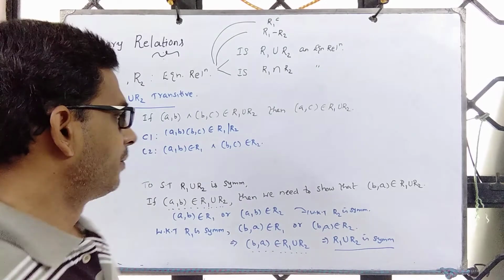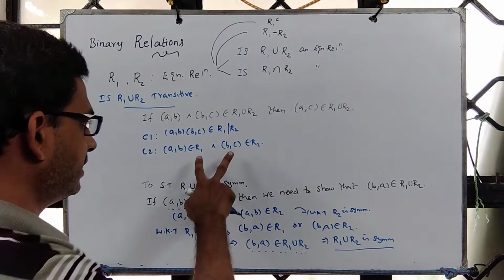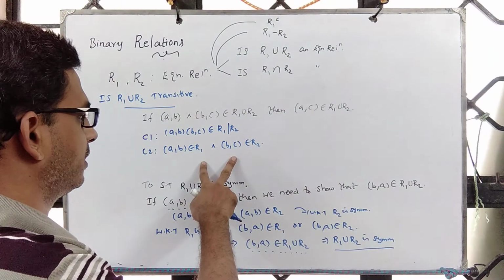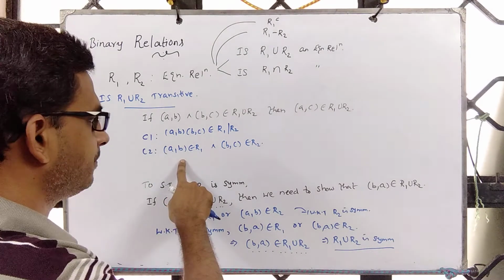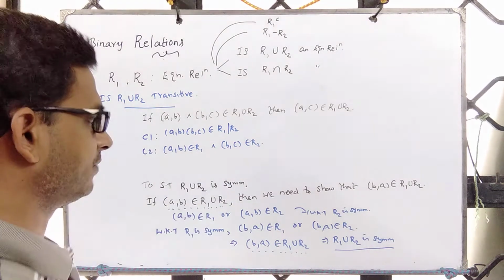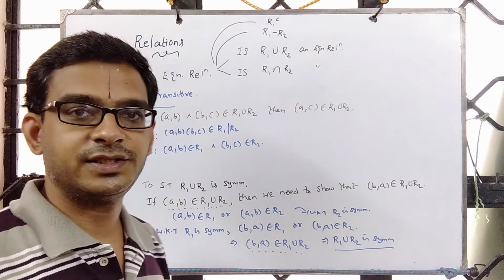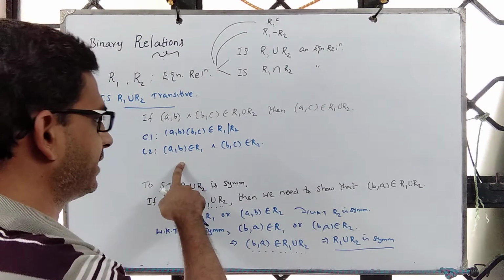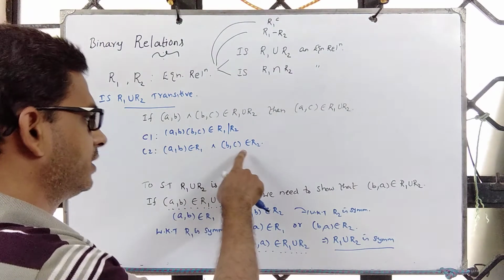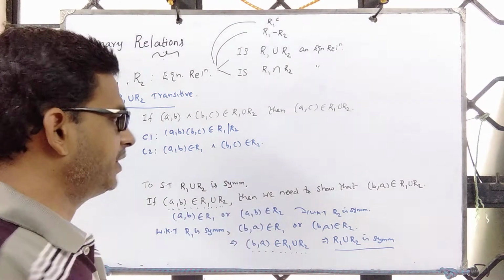Suppose this situation happens: (a, b) alone is present in R1, it is transitive, because the definition only says (a, b) and (b, c). So (b, c) is not there, so this is transitive. This is also transitive because only (b, c) is present.